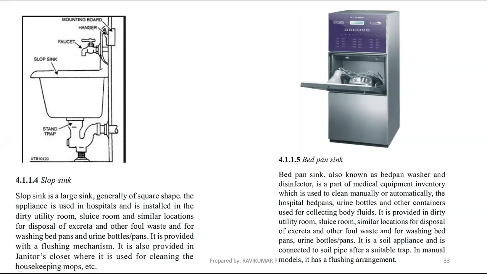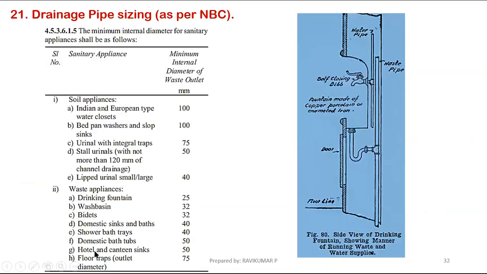That type only, but it will wash hospital things: the hospital pan, the urinal cup, the scissors, knife, and everything. It will wash and sanitize. For that purpose only we are using the bedpan washer. This size also, in the MBS they have provided for the bedpan washer.